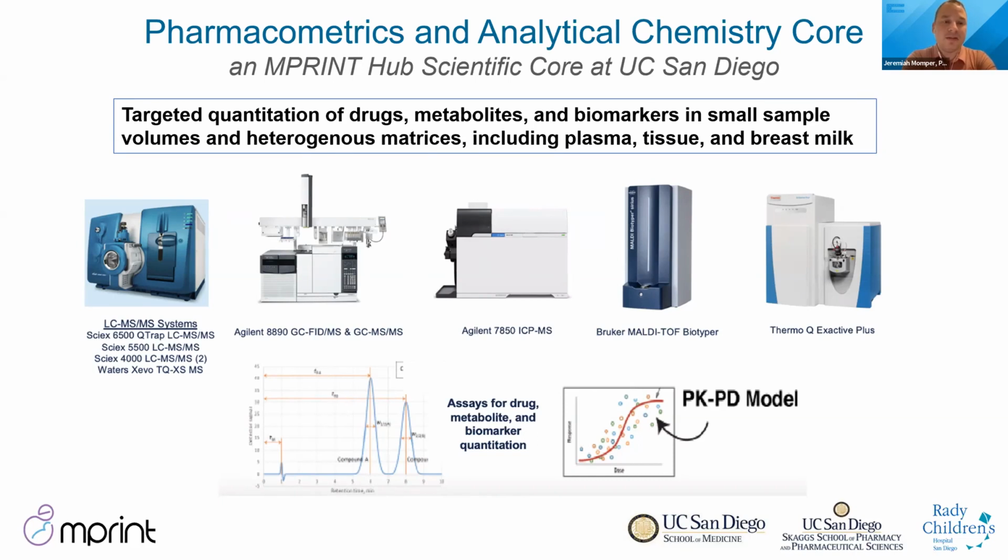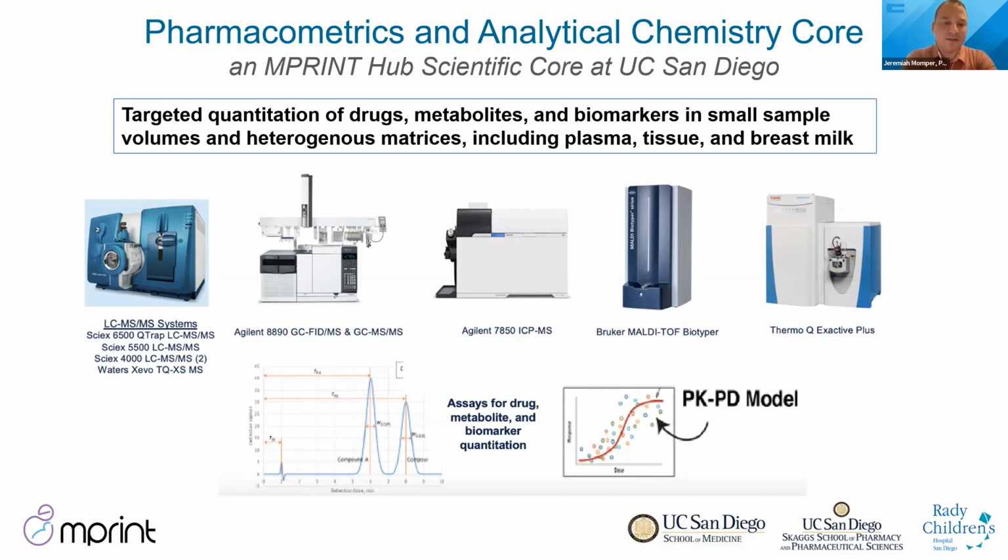In a nutshell, we're involved in targeted quantitation of drugs, metabolites, and biomarkers, and we have a lot of experience working with small sample volumes and heterogeneous matrices, and we'll talk about that today as we go through. Our analytical footprint has grown quite a lot in recent years. I won't go through everything that we have in the lab, but we're fairly well equipped with LC-MS instrumentation.